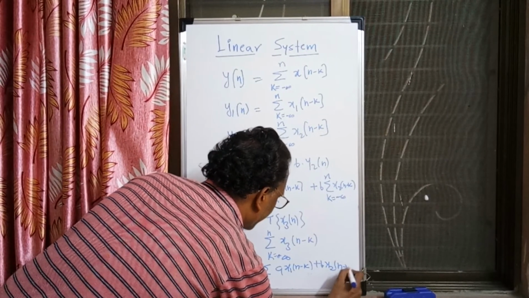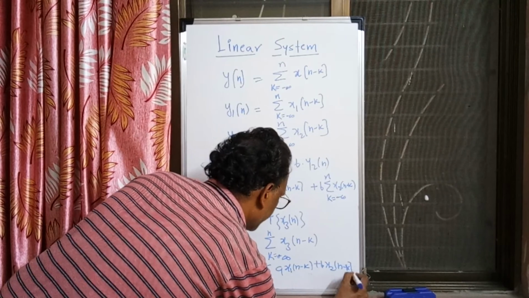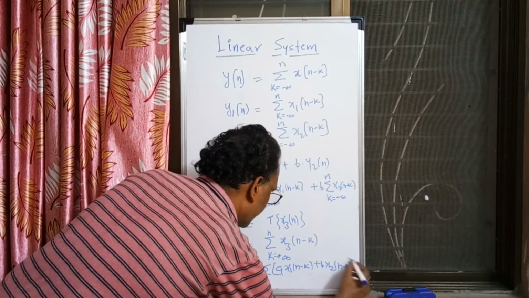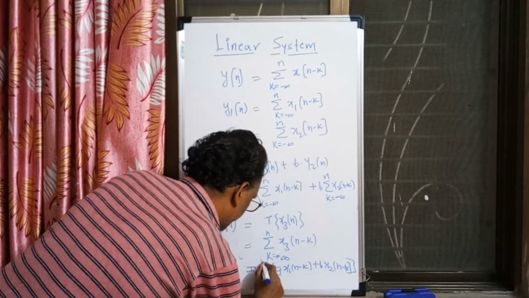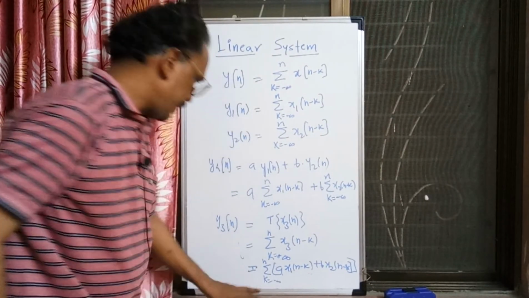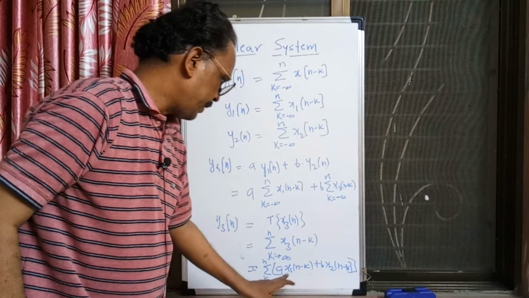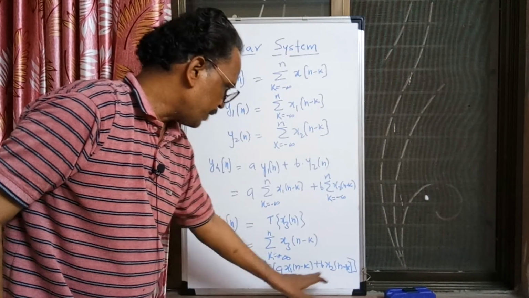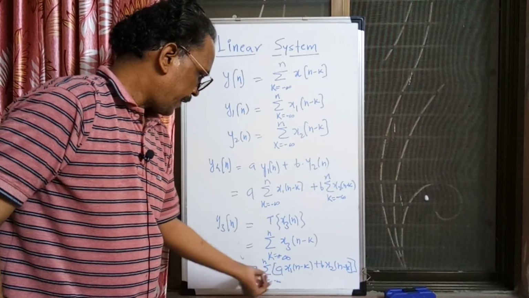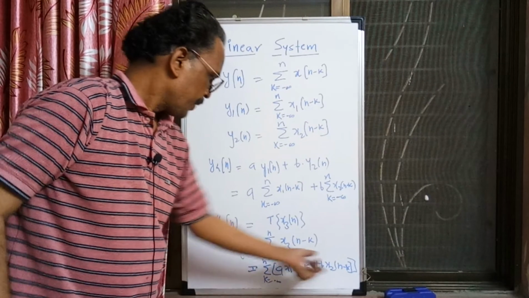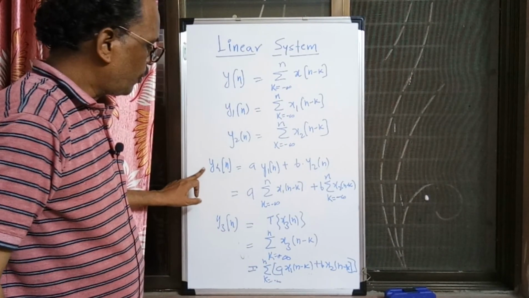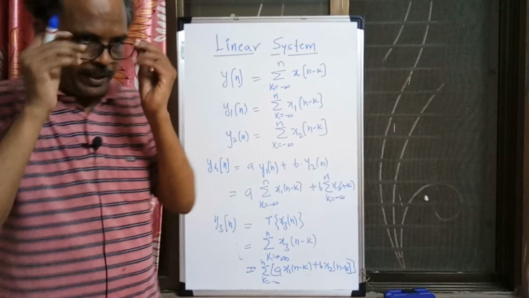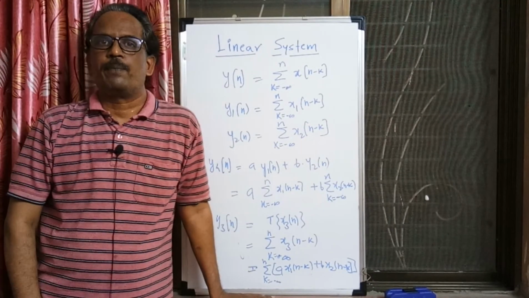This is x3, straightforward. Call this y3. If you split this into two summations and take a and b outside, whatever you get is equivalent to y4. Hence y3 and y4 match, so we can say that the given system is linear.